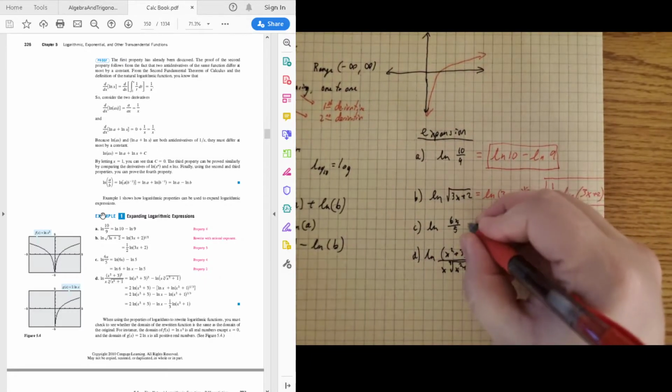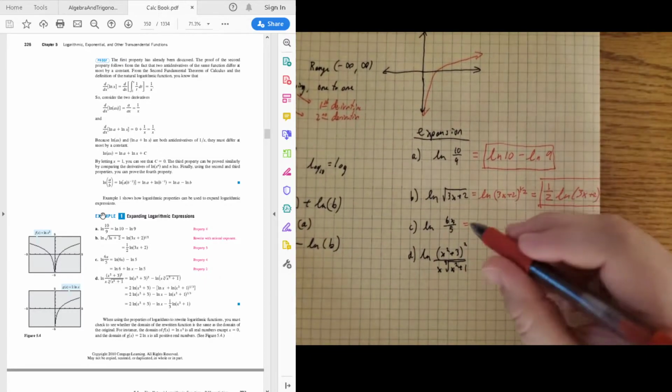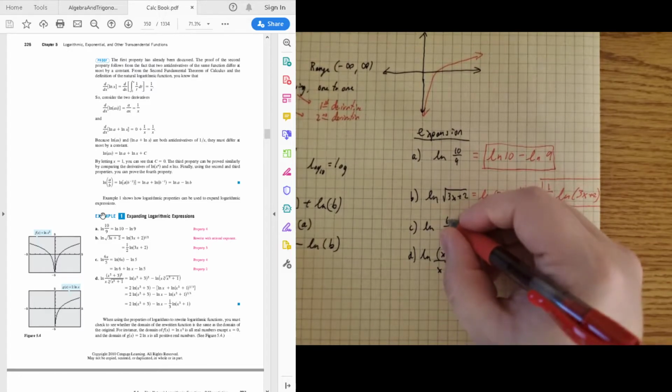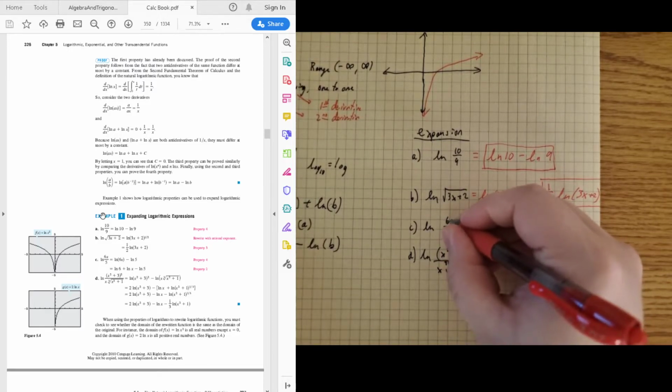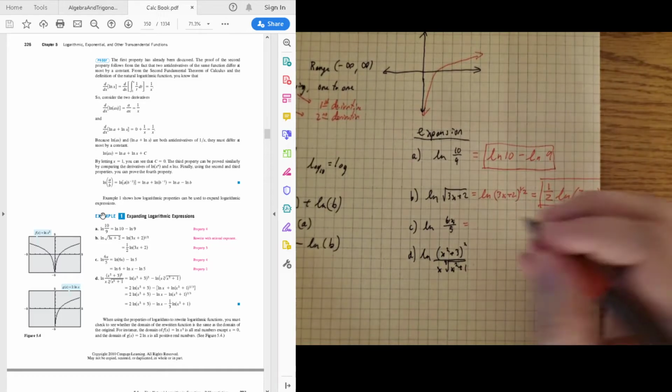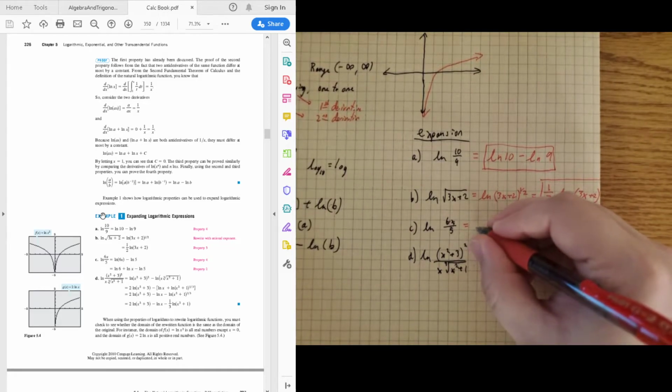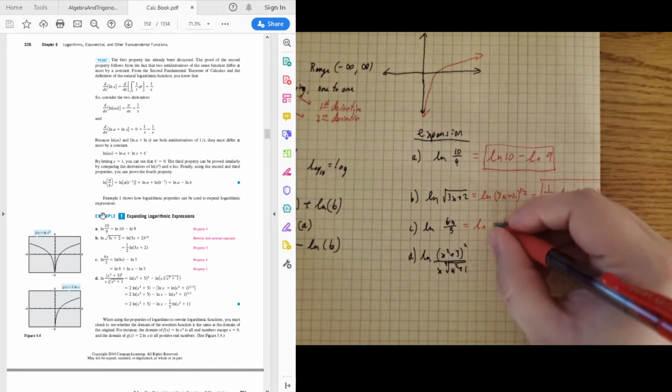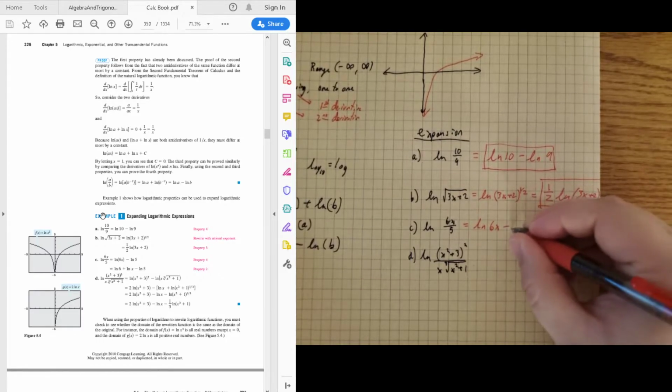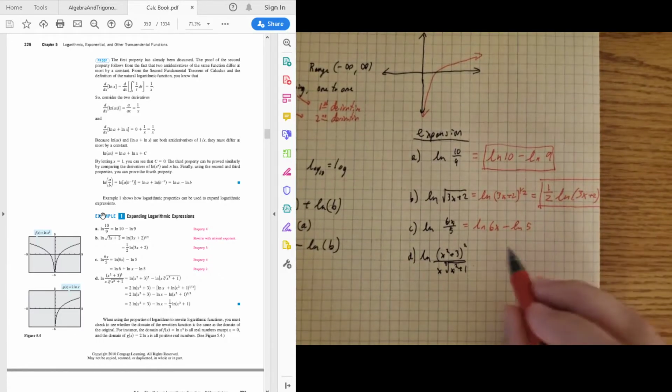Compare that to here. I actually have 3 things happening. I have a 6, an x, and a 5. The 6 is being multiplied. The 5 is being divided. So I can take the division, ln of 6x minus ln of 5, and that's one possible step.